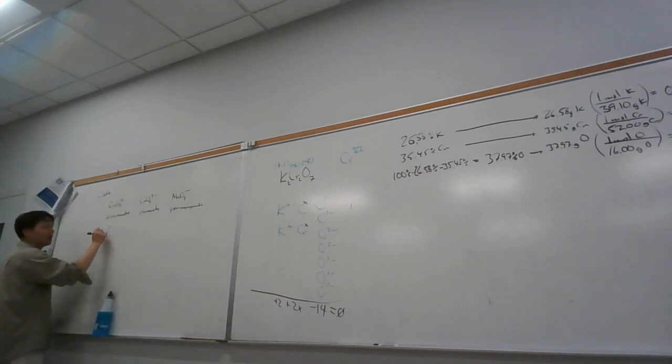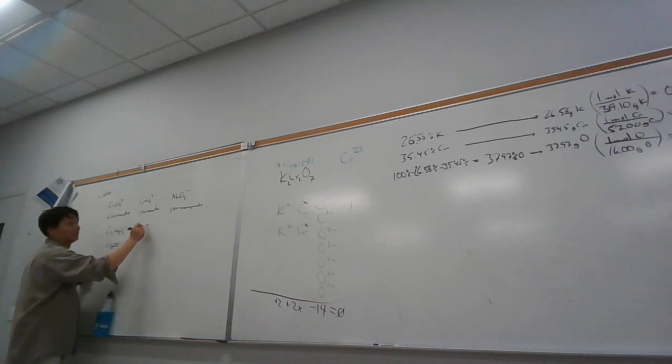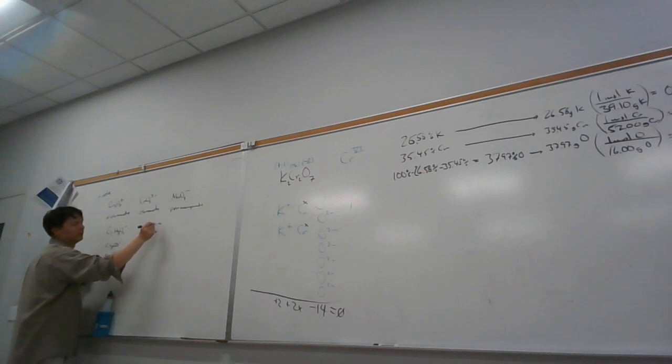That one took me a long time. C2H3O2 minus, or CH3COO minus. Acetate. How about oxalate? C2O4 2 minus. Oxalic acid is... Oh, yeah. This is oxalate.